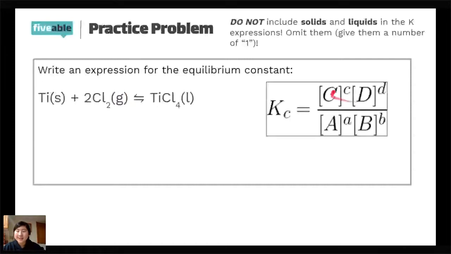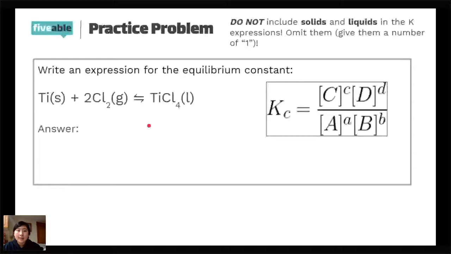Do you guys know what we should do right now? We should put each in brackets, right? We're going to designate each part of the reaction to a bracket. Knowing that the solids and the liquids should not count, I'm going to give you guys the answer so you can see.